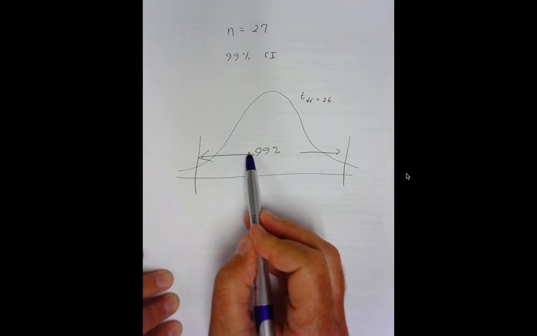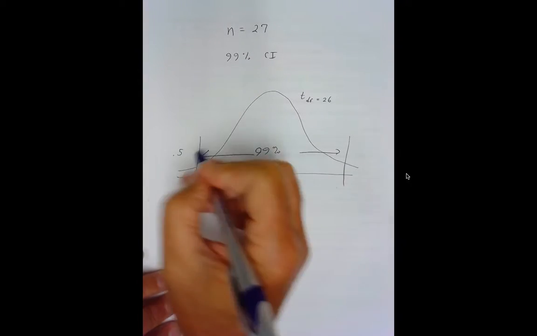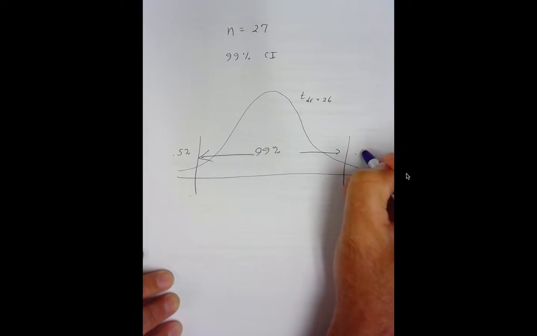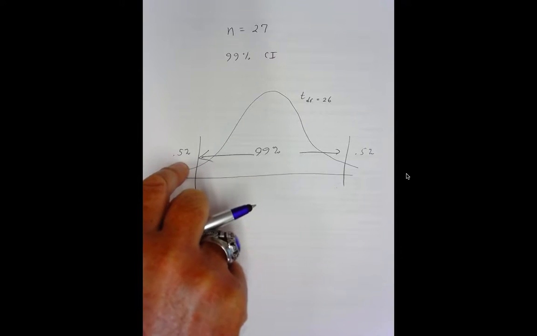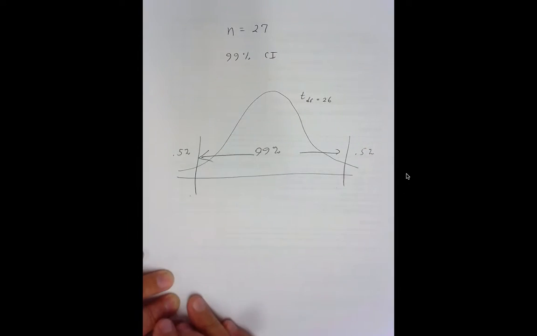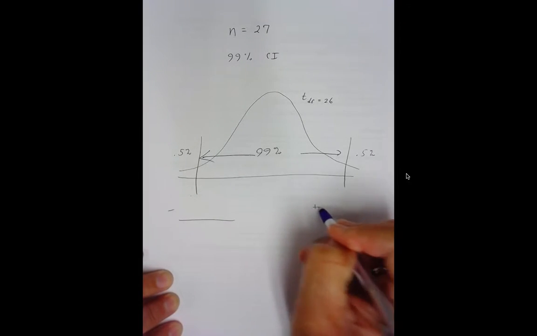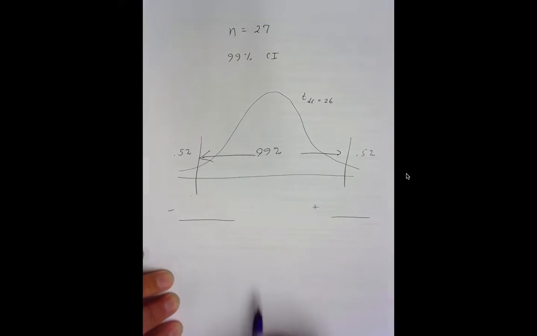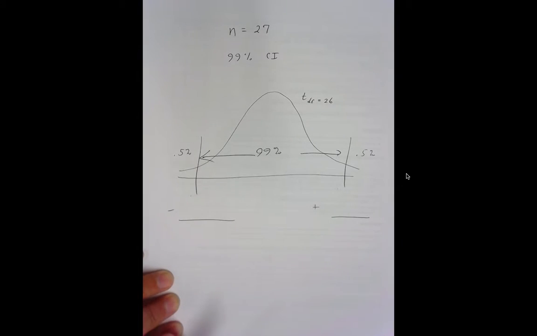Now, just like I did before, how much am I missing? I'm missing 1%. So I need half of that, which is 0.5%, and half of that, which is another 0.5%, to go in the two parts that are missing. So I have 99 plus 0.5 plus 0.5 gives me 100%. I need to find the value, or the values, that capture that middle 99%.